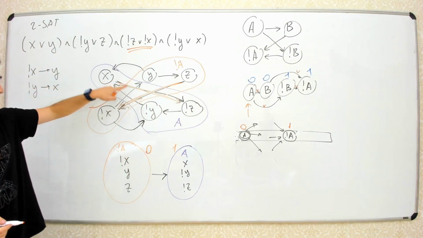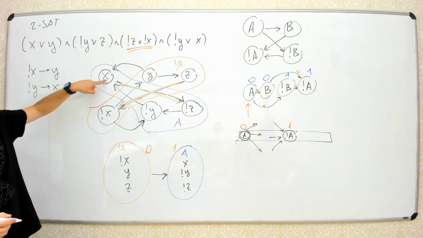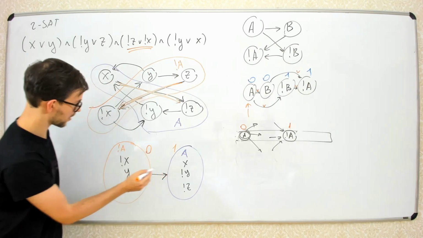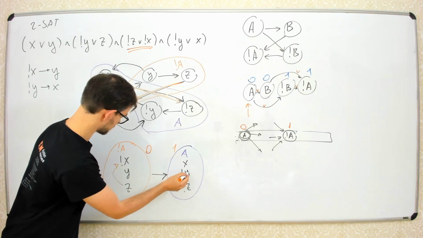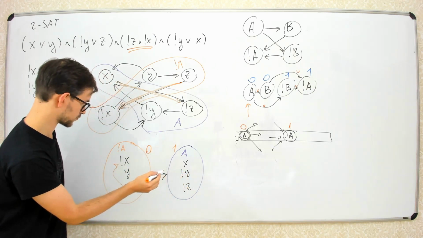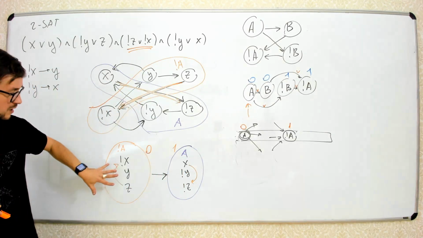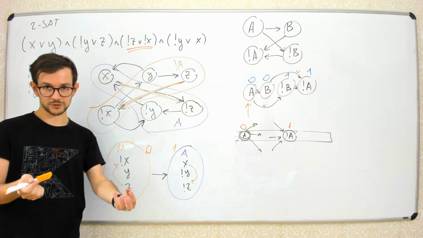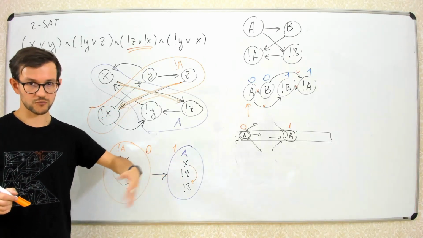These edges are inside these strongly connected components. So we have an edge from z to not x here, and another edge from not z to x, or from x to not z. These edges are inside strongly connected components. So for this edge, both these things are either true or false.